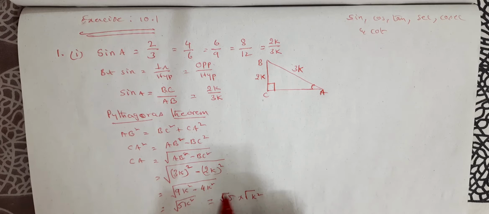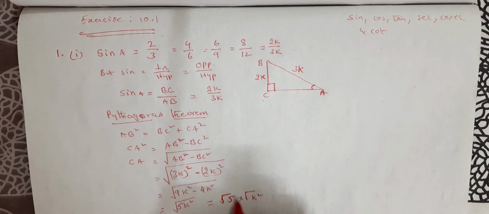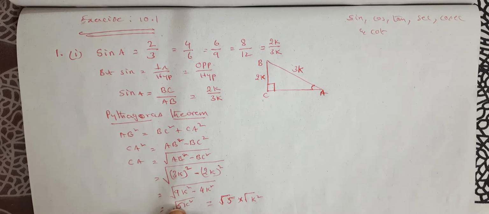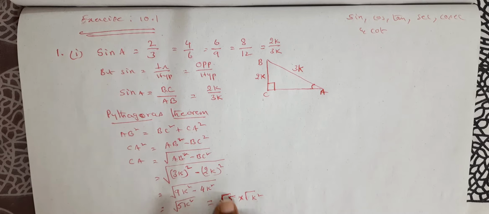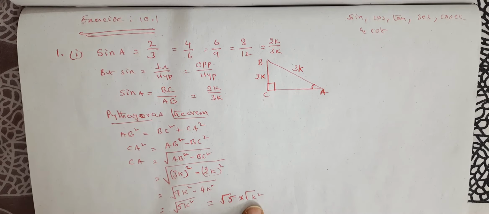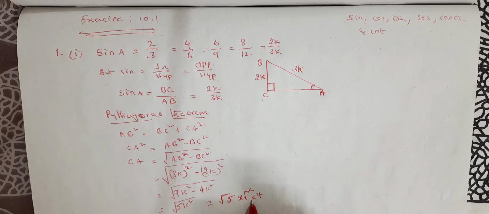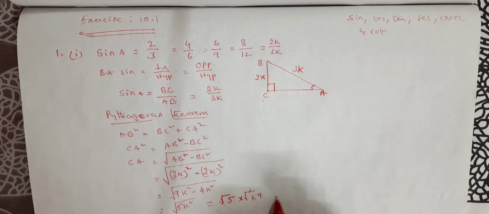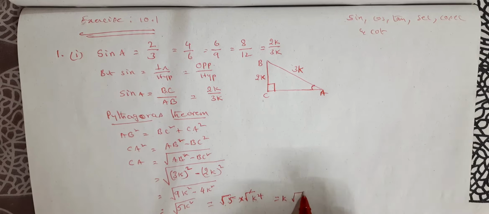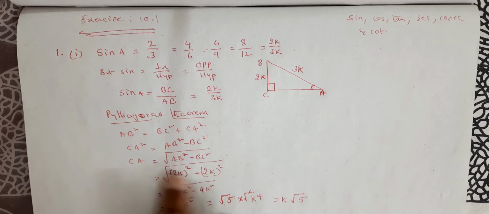Right? Already we discussed that if the operator is plus or minus, you cannot split the root, but if it is a multiplication or division, you can split the root. See here, 5k square is under the root, so root 5 into root k square. Now square and root will get cancelled, so you will get k root 5. So k root 5 is the value of AC.